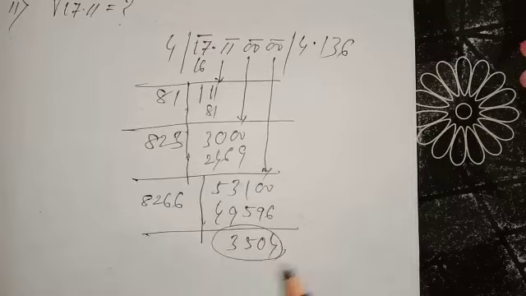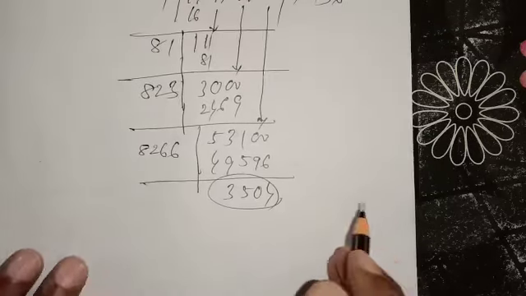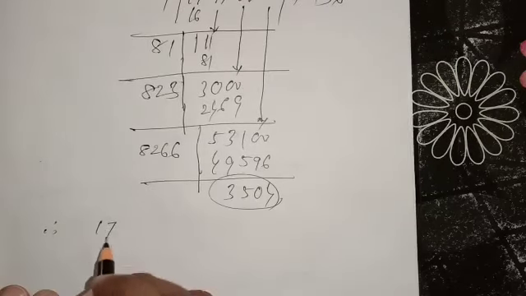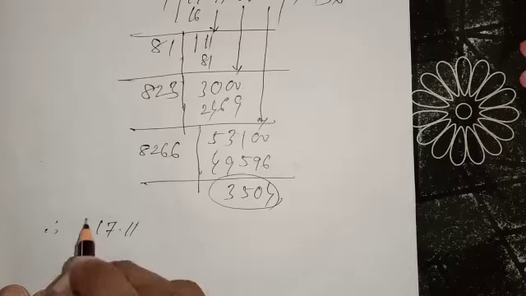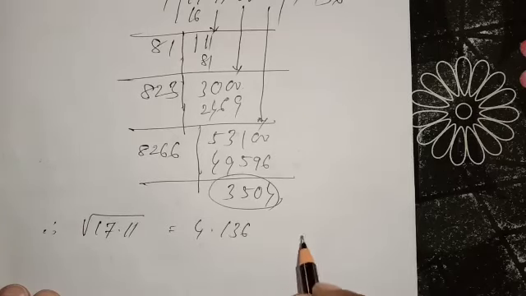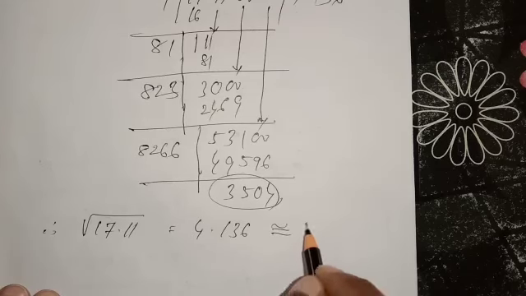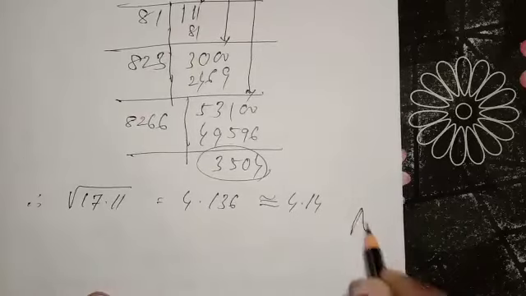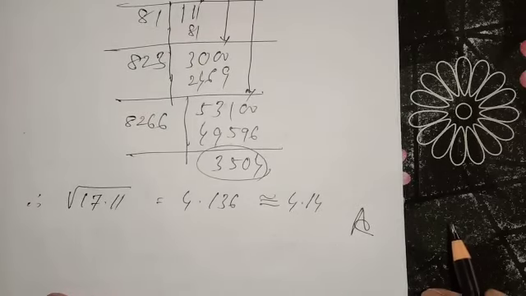This is the remainder. So what is the square root of 17.11? Therefore the square root of 17.11 is coming 4.136. That means approximately it is 4.14 after 2 places of decimal. And this is the answer for number 11.